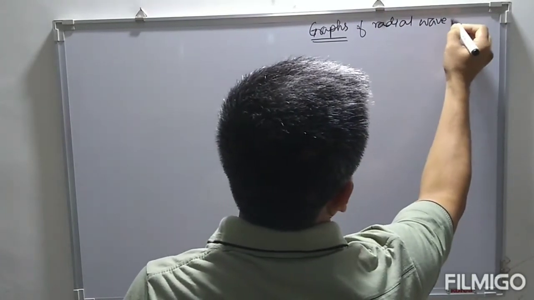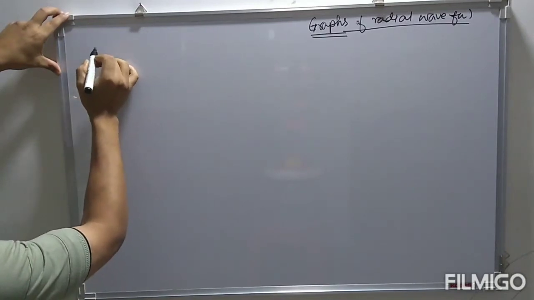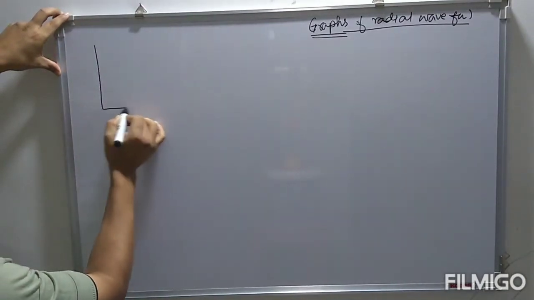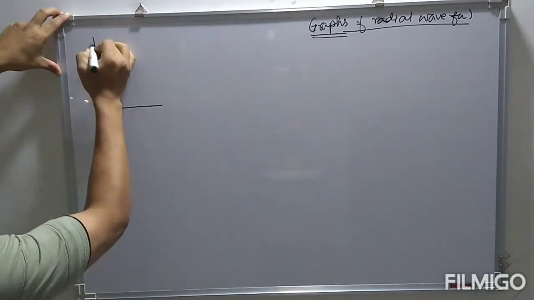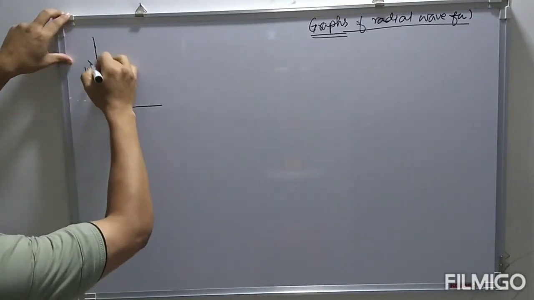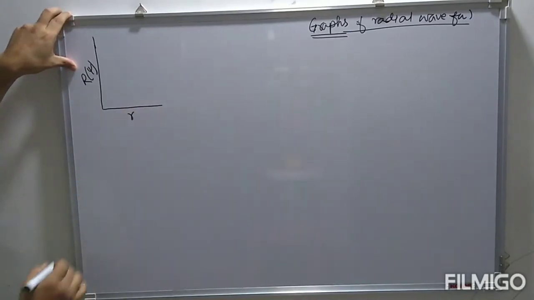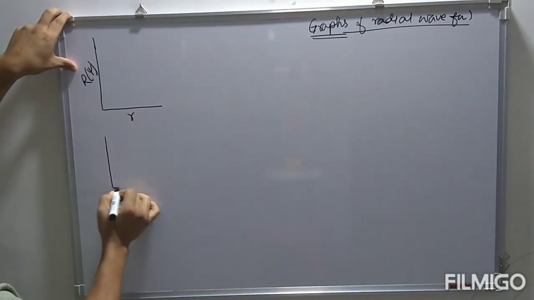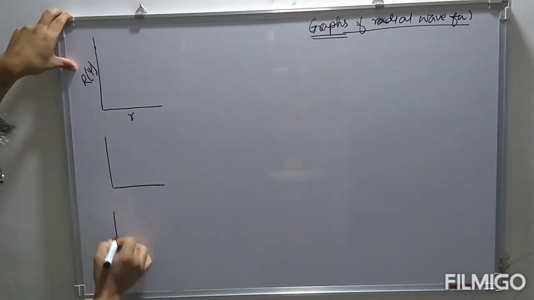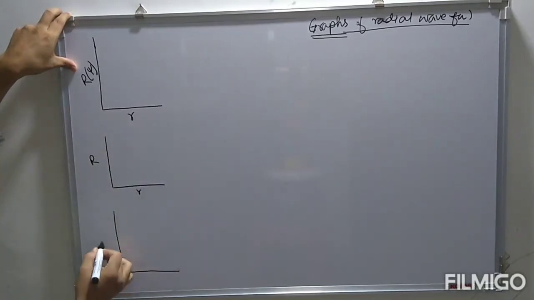Suppose this is the radial wave function, psi, versus distance. So this is the R function versus small r.